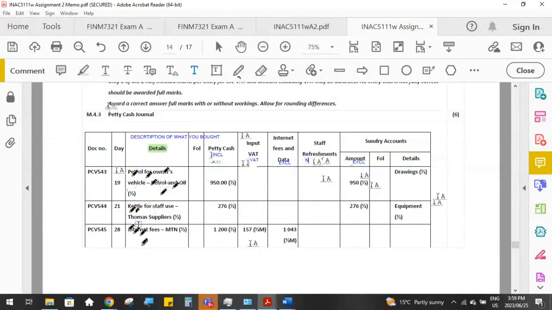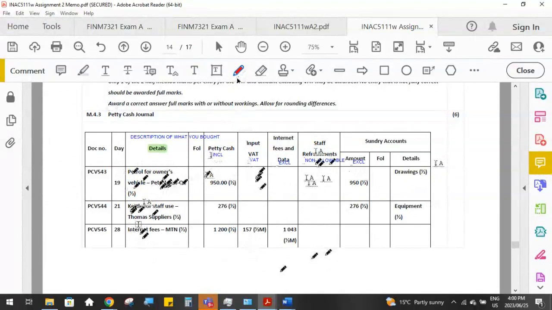So staff refreshments is a non-allowable supply, which means that if we pay for staff refreshments, we are not allowed to claim VAT. So nothing that we bought here was staff refreshments, but if we did, there would be no VAT. Okay, no VAT.